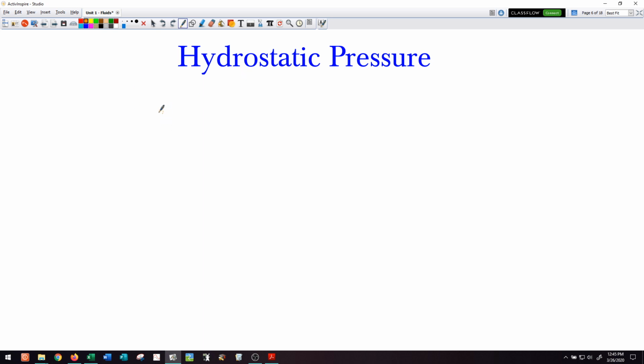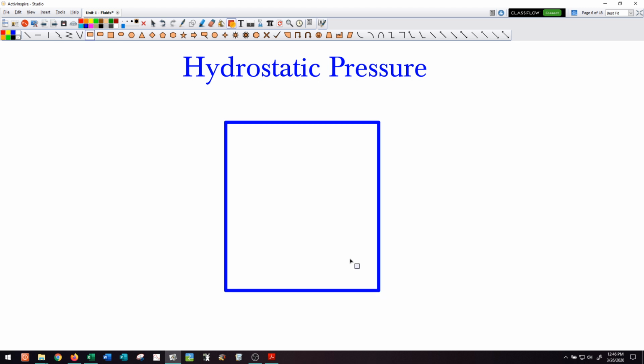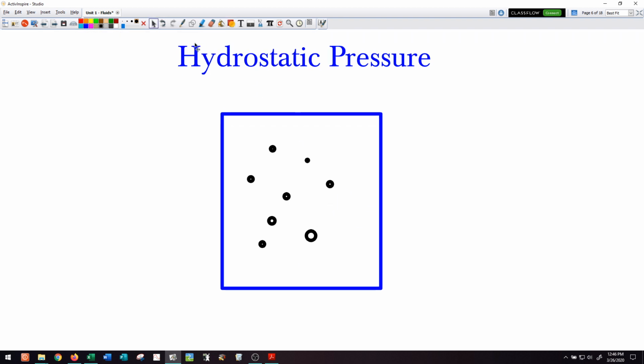Now, we're talking about hydrostatic pressure. If I have a container filled with some kind of fluid, then that container will always have pressure depending on the molecules inside the container. If I have some little molecules of, let's say, a gas, then the gas molecules, as they're moving, will hit the side of the container and reflect off.